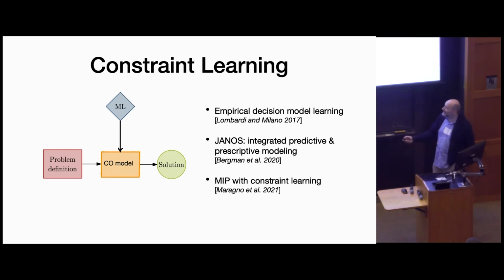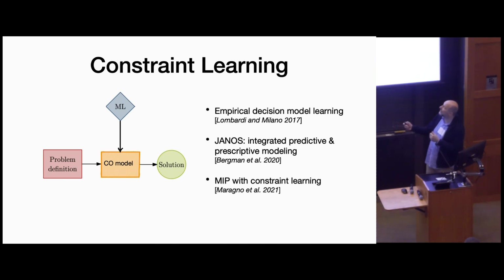The idea is not only using machine learning for making some decisions on my discrete optimization problem, but here actually using machine learning to formulate my combinatorial optimization or discrete optimization problem. So this has been explored by several authors over time.